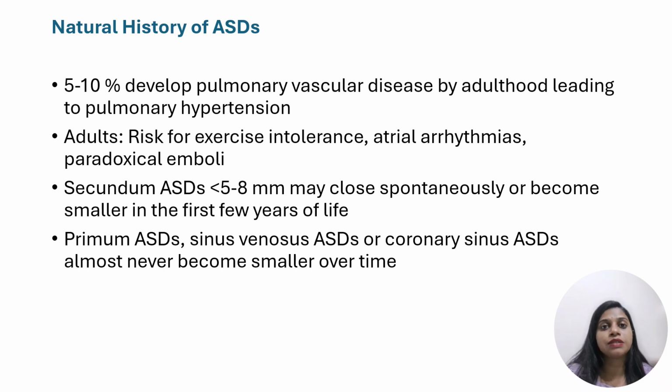If a baby is found to have an atrial septal defect, the doctor will wait for 1 or 2 years for the ASD to close naturally, when lung pressures become normal and if the defect is smaller. It will close automatically. But if it is a very large defect, it has to be repaired either through the percutaneous approach or through open heart surgery.